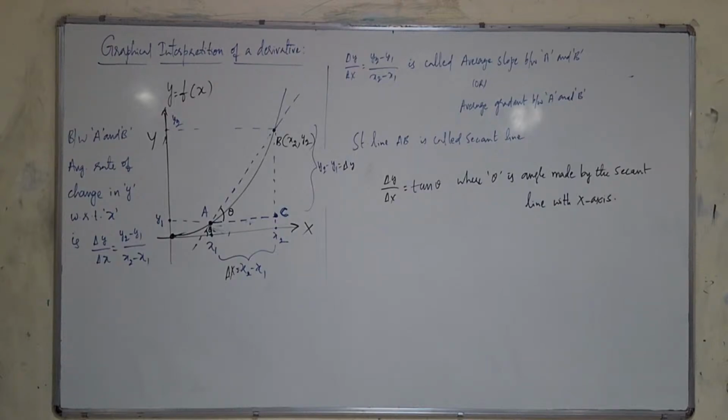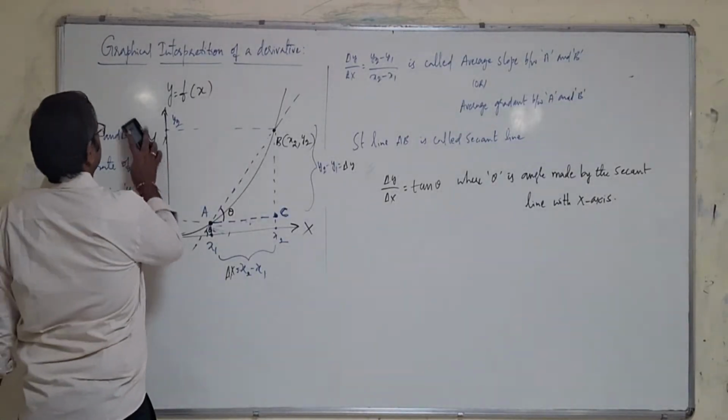Now let's try to understand what dy by dx indicates on a graph. I'll draw the graph again.